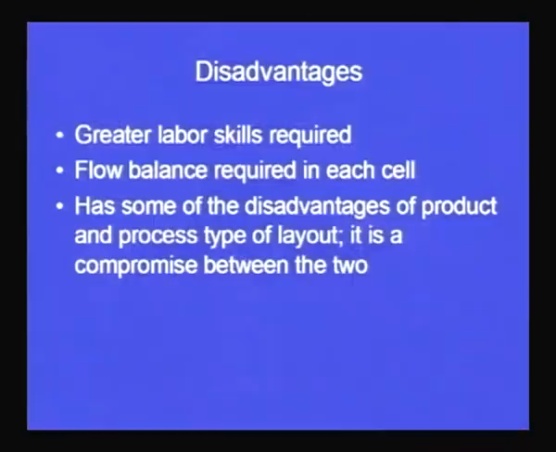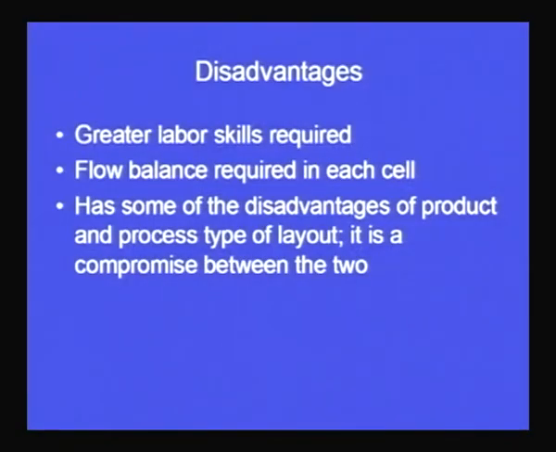So there are certain advantages which are offered by cellular layout, and that's why it is being preferred by many organizations these days. Now what are the disadvantages? We have seen advantages. Now we are going to see the disadvantages. Greater labor skills required.